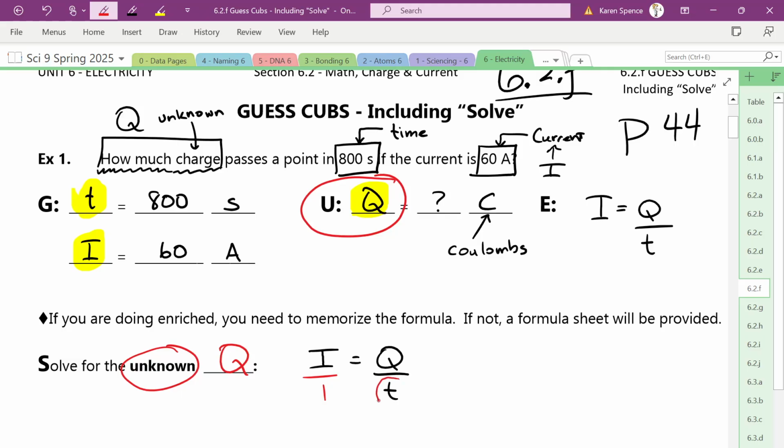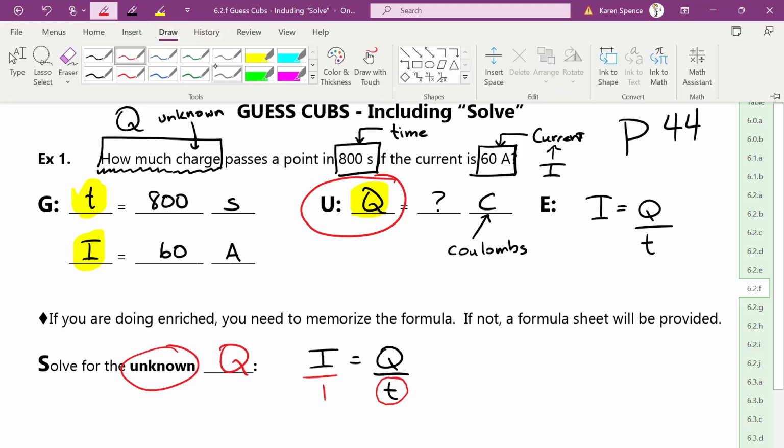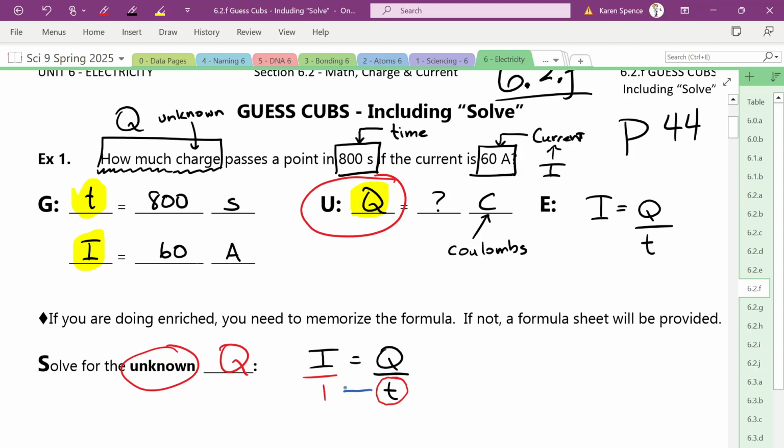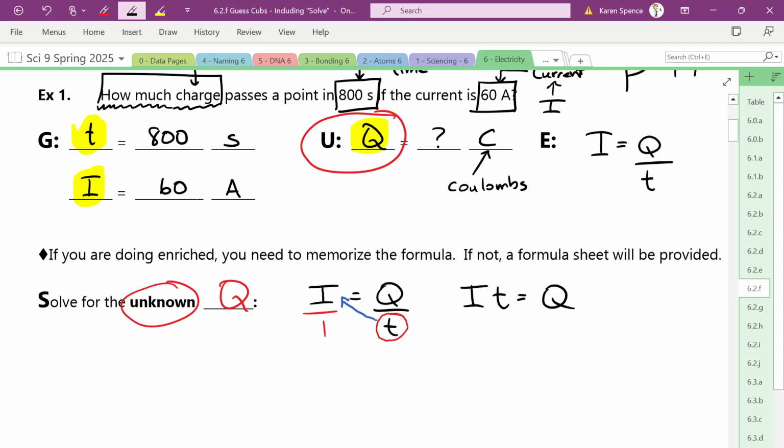So I need to move the T. I'm going to give you 2 choices for where to move the T. Are we going to move the T to the bottom, underneath the I, or are we going to move it up beside the I? We're going to move it up beside the I because that moves it on a diagonal. It was on the bottom. It's going to move to the other side on the top. So we now have I times T is equal to Q. And then I'm going to flip it, and I'm actually going to pop it right over here. I'm going to say Q is equal to I times T.